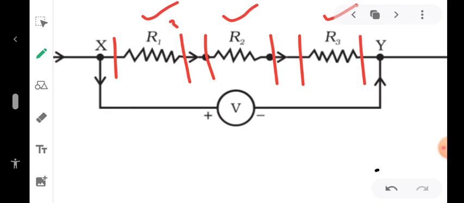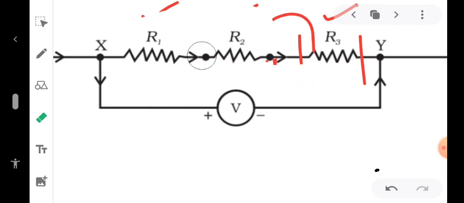This is the second terminal of the first resistor, the end terminal. It is directly connected with the first terminal of the second resistor. The end terminal of the second resistor is directly connected to the first terminal of the third resistor. It should be directly connected. In between, nothing should be there.